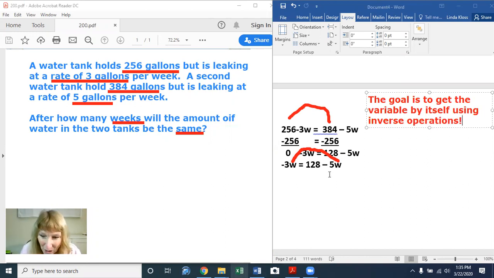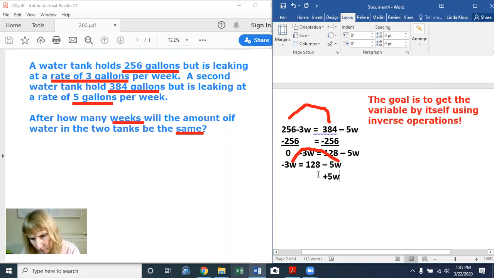Yay. Okay, now how can I get negative 5w to the other side? Well, I'm going to use inverse operations and I'm going to add 5w because that's a subtraction of 5w. Let's add 5w to this side.